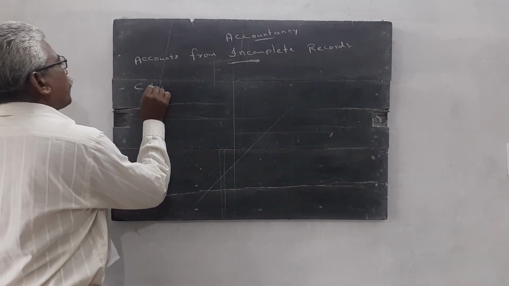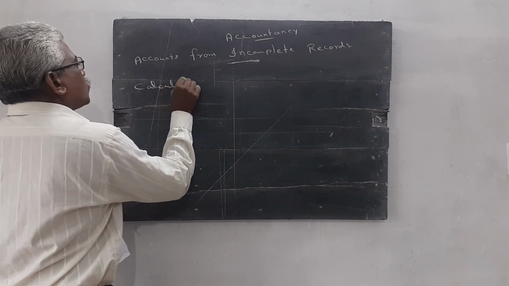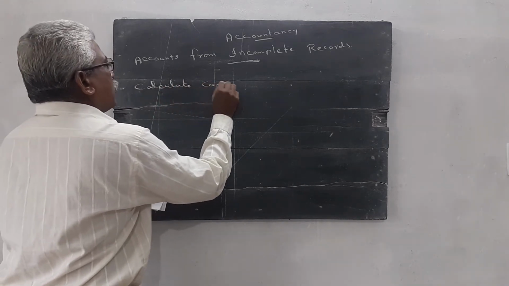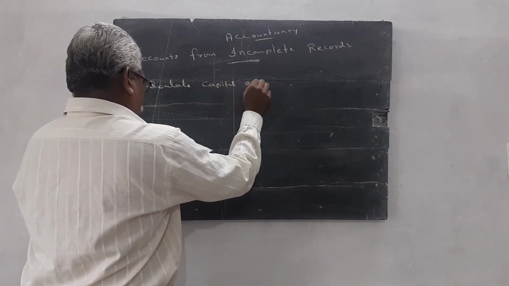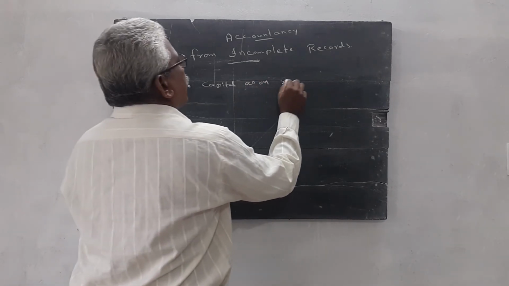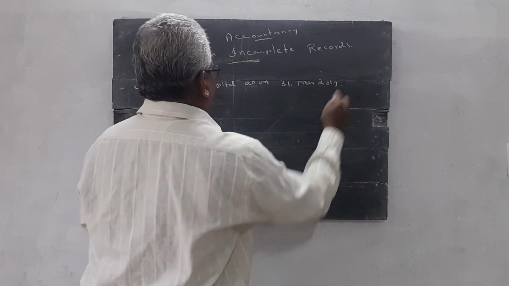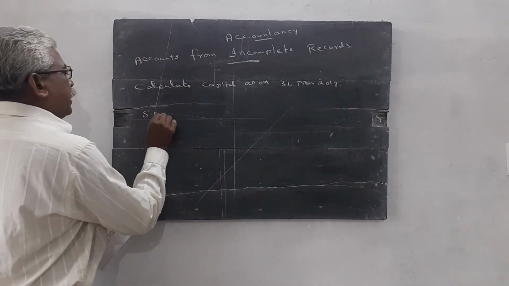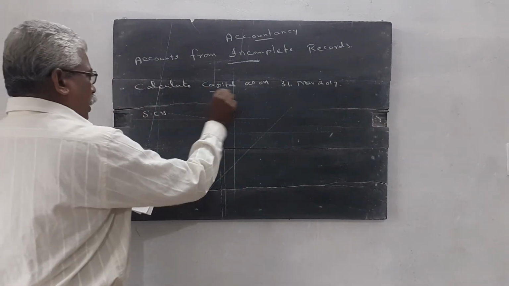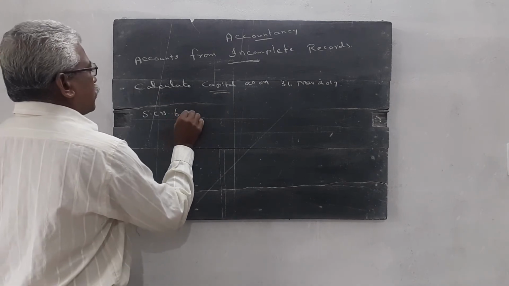Calculate capital as on 31st March 2019. Sundry creditors 6 lakhs.